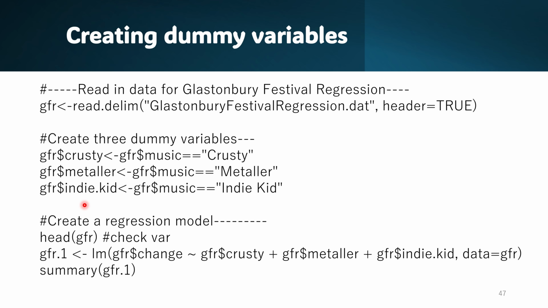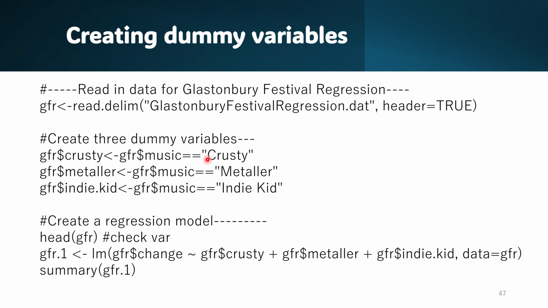And we create these dummy variables. We want to create these dummy variables to use in regressions. In this command, we can create the dummy variables of crusty, metal, and indie kid.